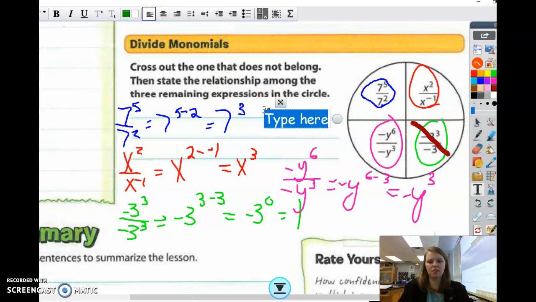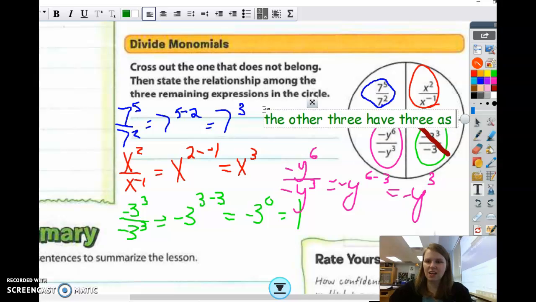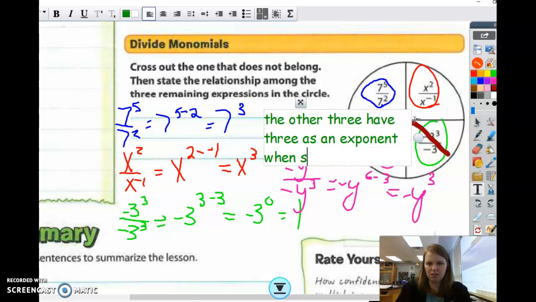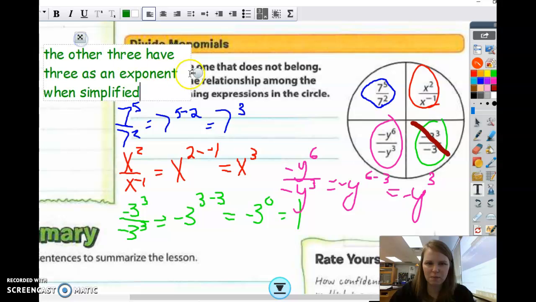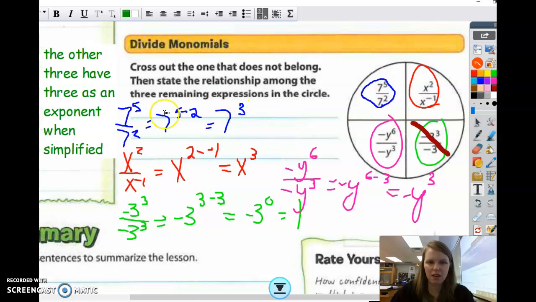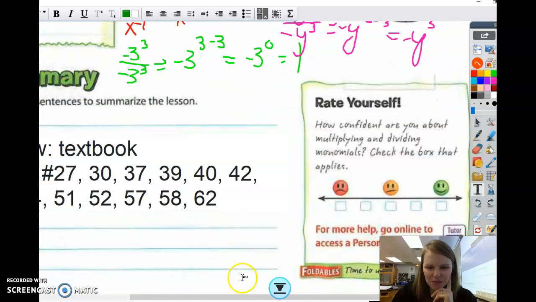So we're going to say the other 3 have 3 as an exponent when simplified. Does that make sense? I hope that makes sense for you guys. I'm going to move this over here to where I've got a little extra space. Okay. Hopefully that makes sense. You guys let me know if you've got questions.